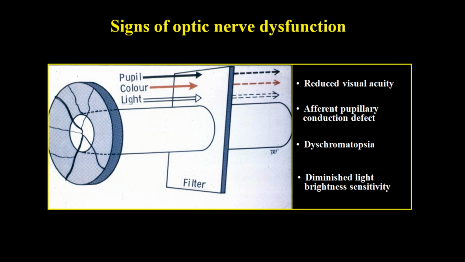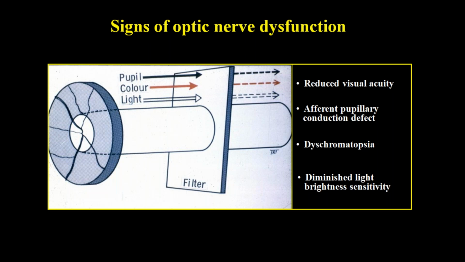So what will happen to vision? Obviously, when the optic nerve is affected, the vision will get affected. And dyschromatopsia: whenever the optic nerve is affected, there will be definite problems in contrast sensitivity and color vision. So these are the common basic features of every optic nerve dysfunction condition.